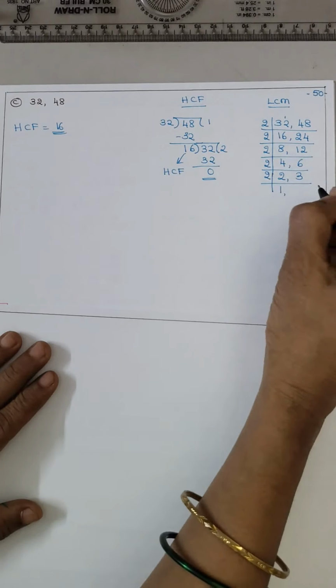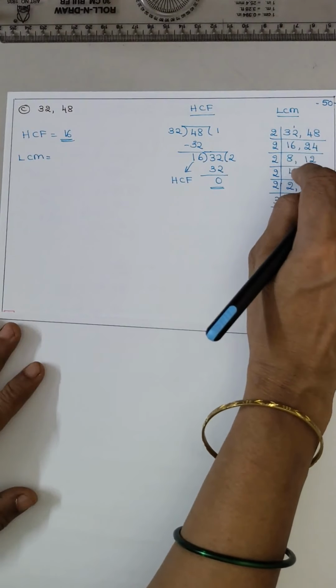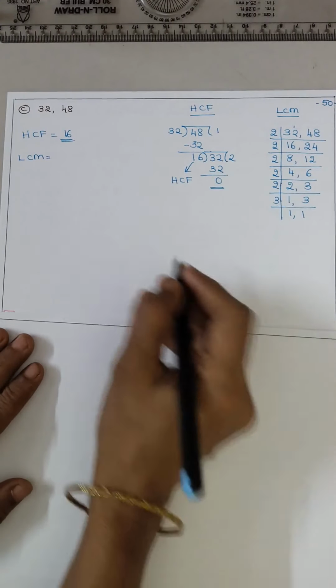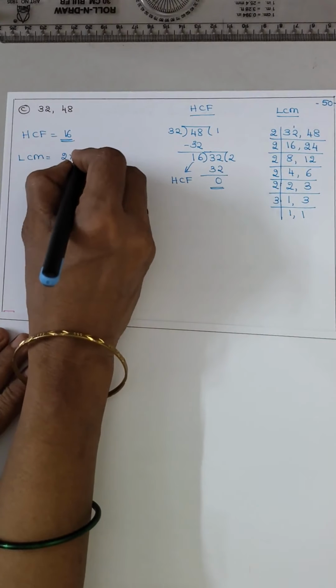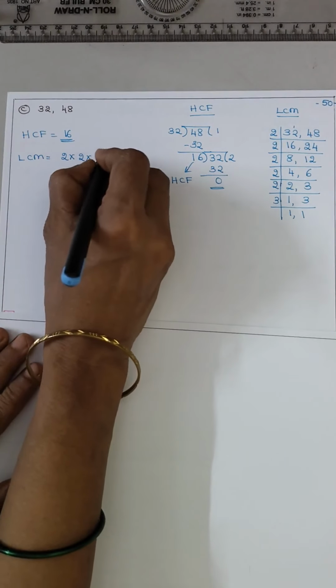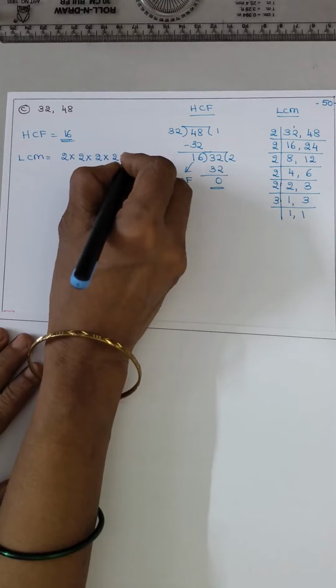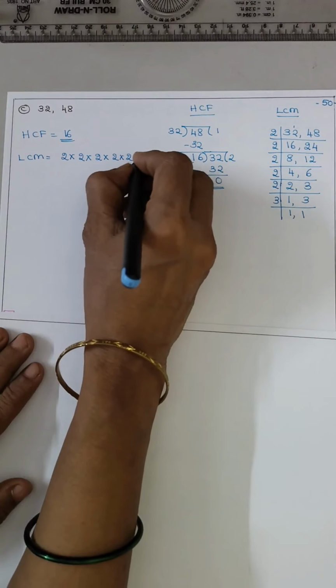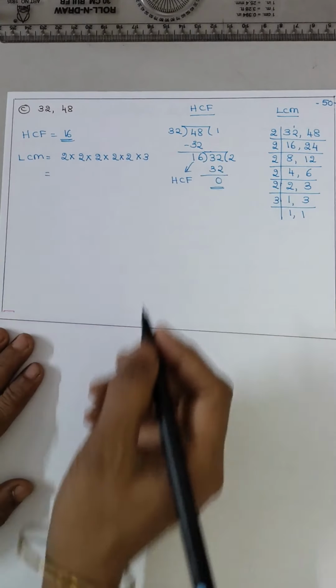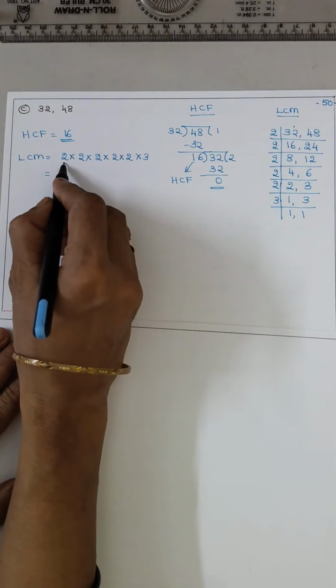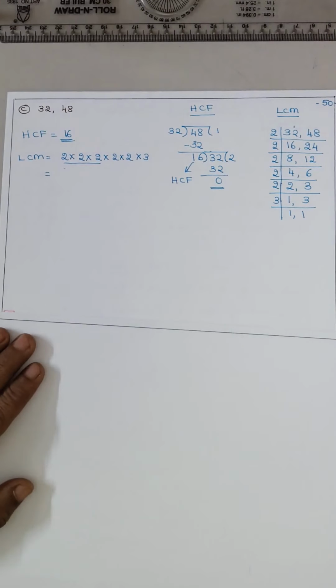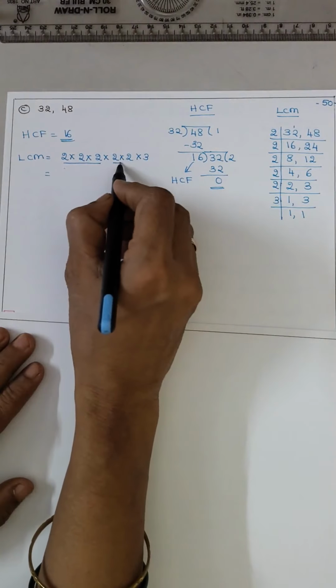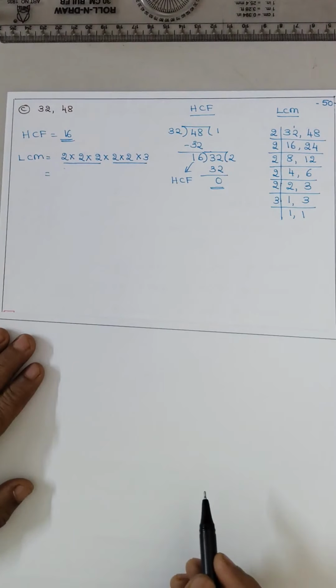So LCM is equal to 2 five times and 3 one time.